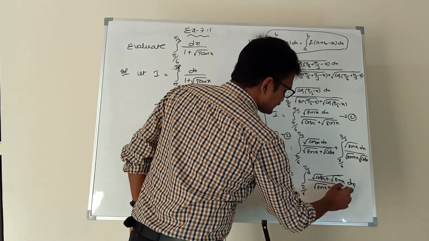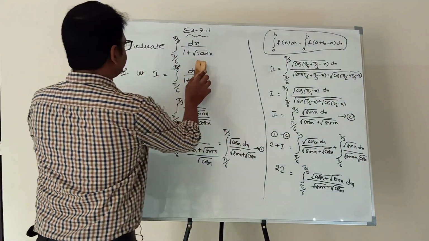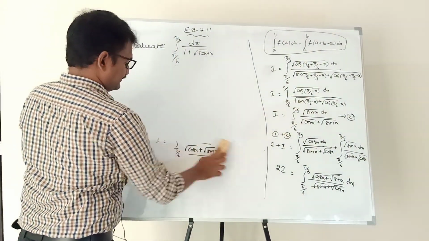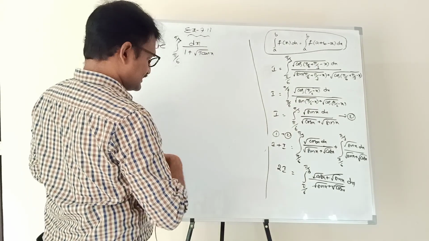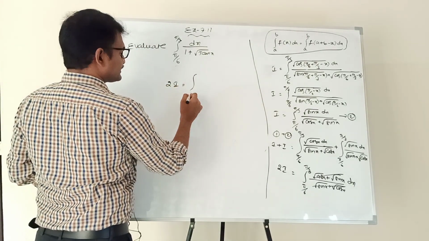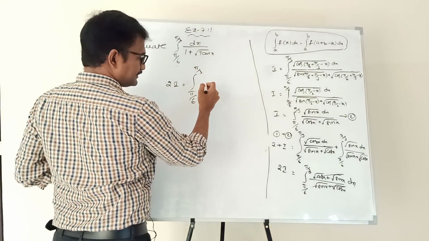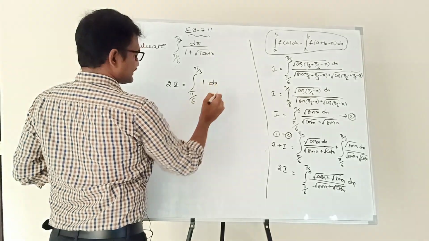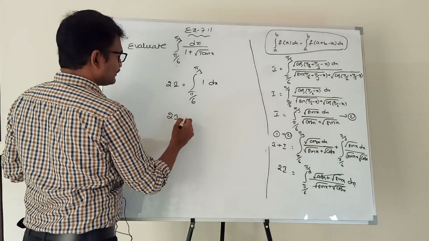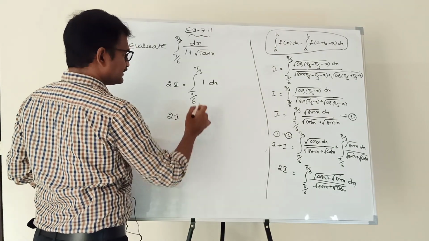Root cos x plus root sin x cancels, and you will get 1. So 2I is equal to the integral from pi by 6 to pi by 3 of 1 dx.